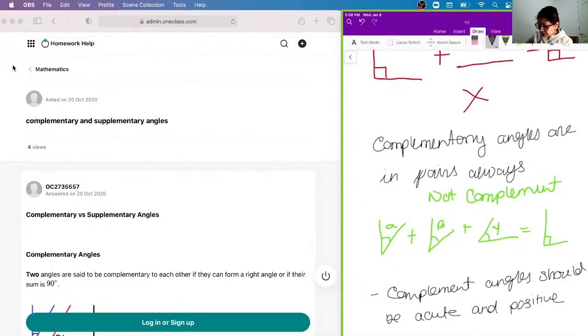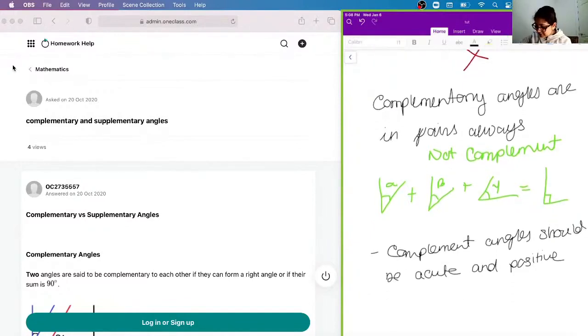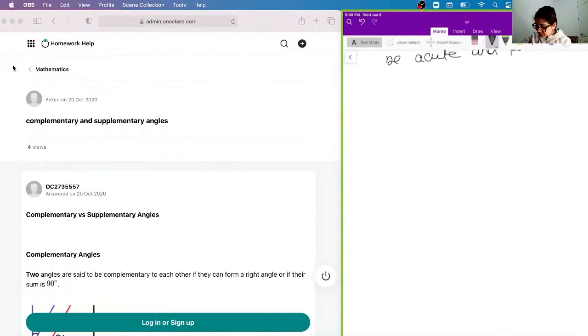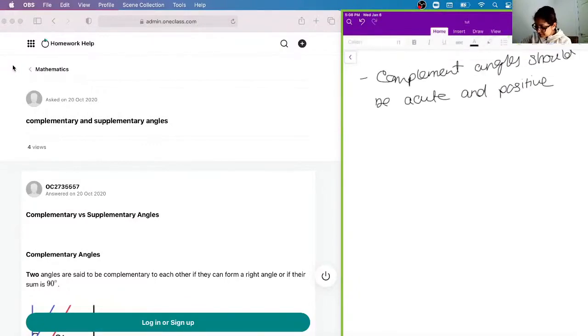You can say that the angle theta has to be between 0 degrees and 90 degrees. It can't be greater than 90. So this is the range for complementary angles.